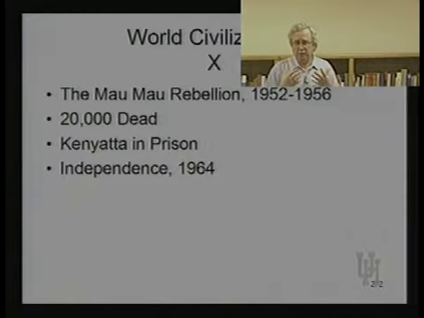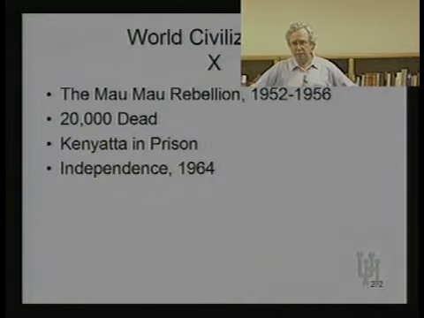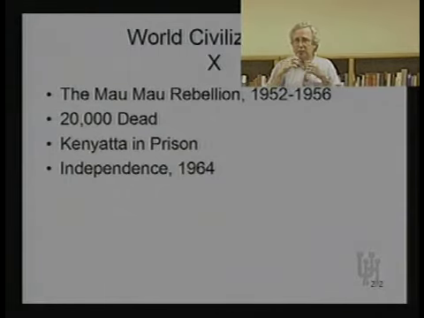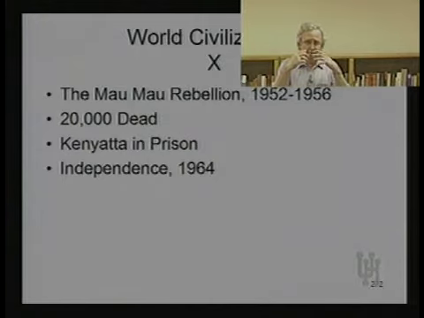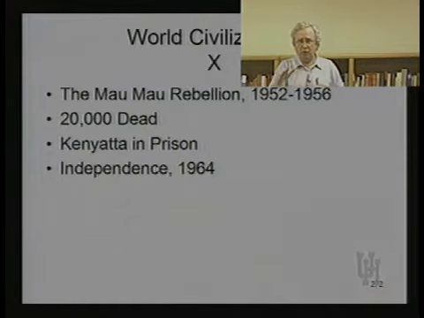Many people at the time, in the 1950s and early 60s, thought that there would be this massive white flight out of Kenya when independence was achieved. But actually, quite the opposite happened. The vast majority of Europeans stayed, because Kenyatta was quite conscious of the fact that no matter what, the Europeans played a central role in the economic system.